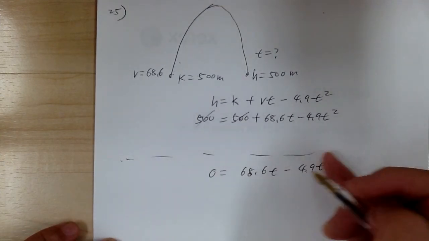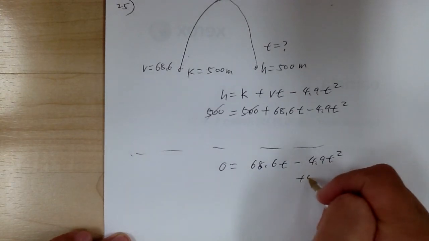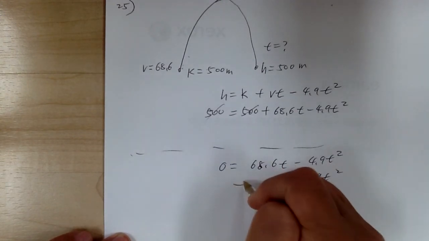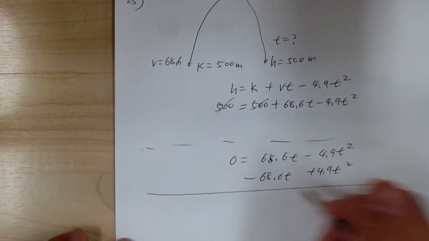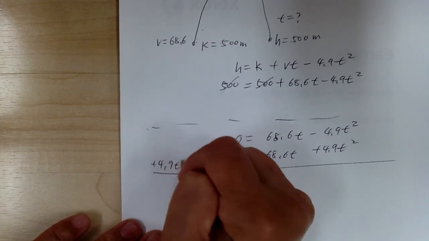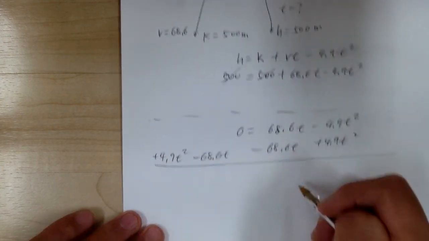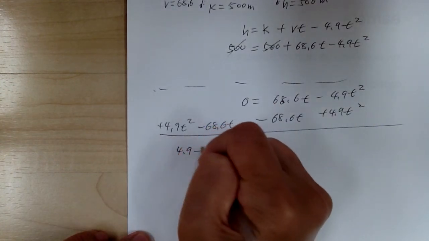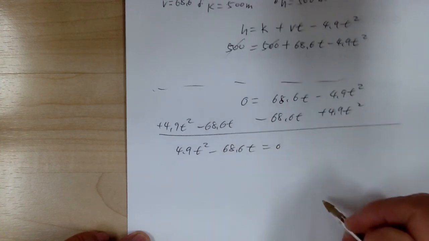Well, I'm going to move everything to this side, so I flip it over. Okay, so plus 4.9 t squared minus 68.6 t. So I get 4.9 t squared minus 68.6 t equal to 0.